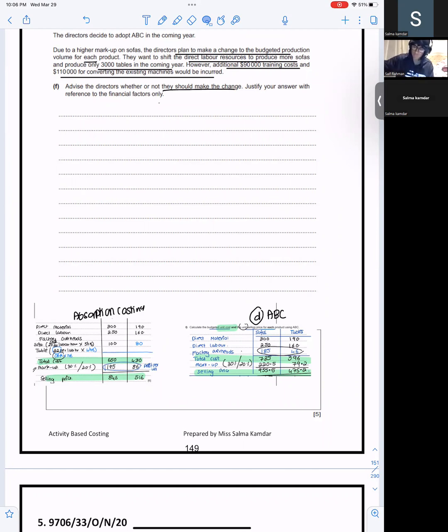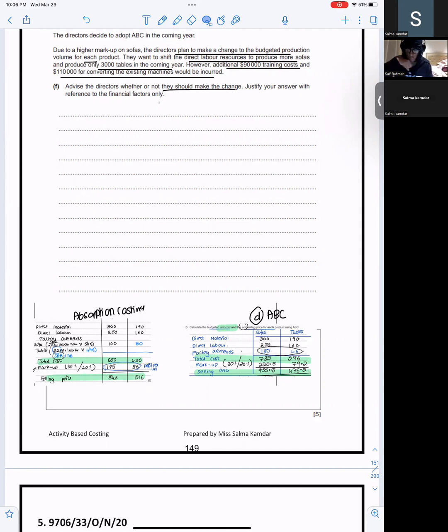And when they do this, there is going to be an additional training cost of 90,000. So they want to know whether they should go ahead with this or not.